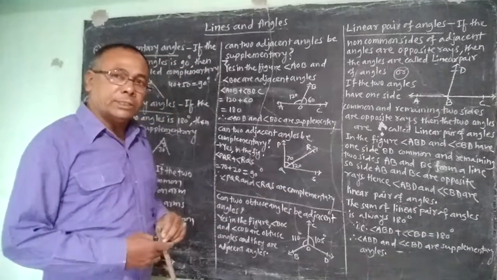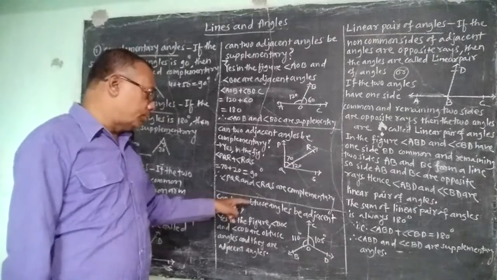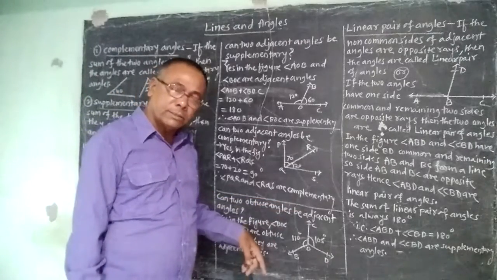One more question arises here: can two obtuse angles be adjacent angles?